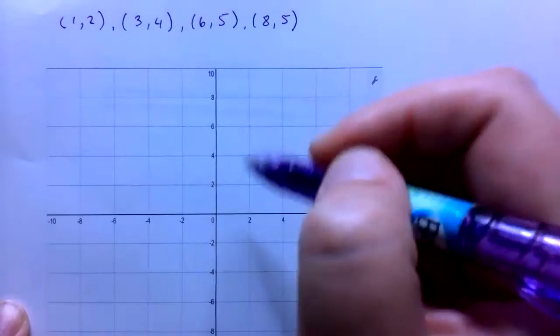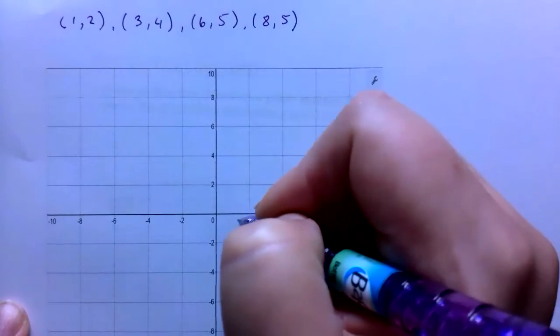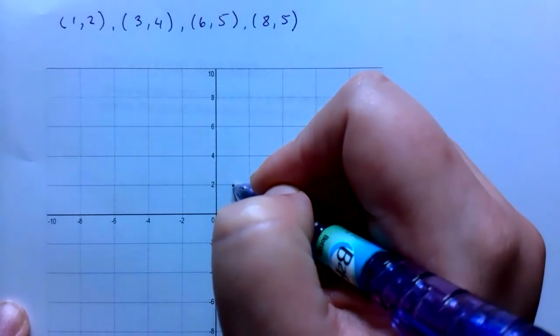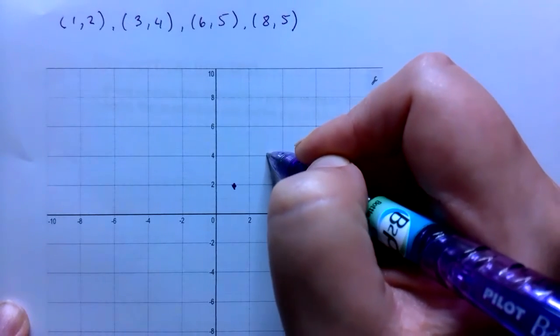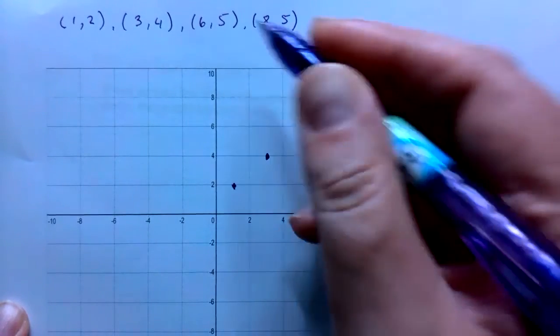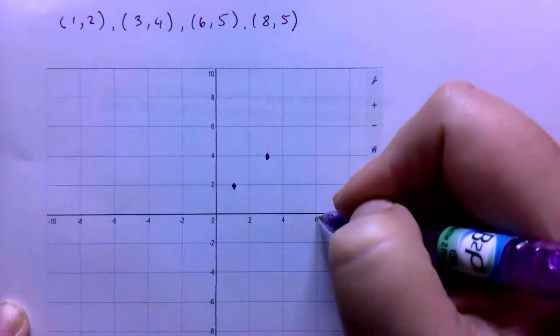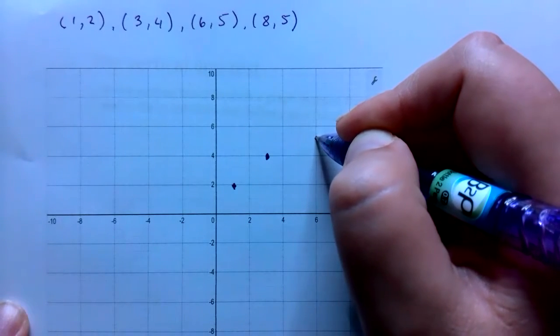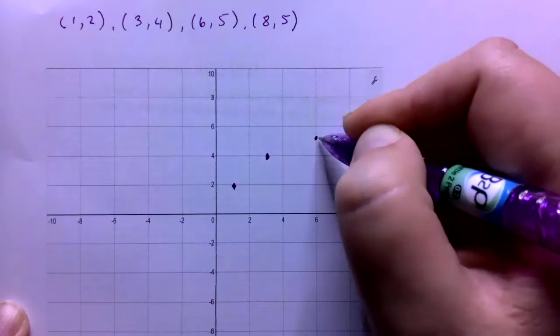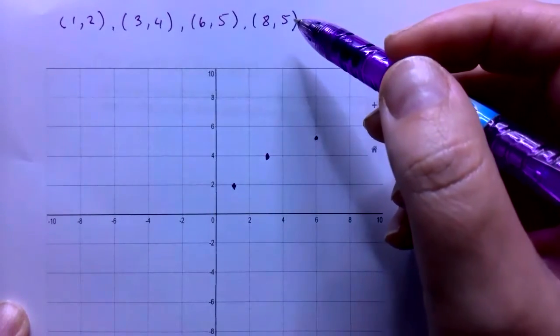We have points (1, 2), (3, 4), and (6, 5). Oh, it's not a line as I was suspecting.